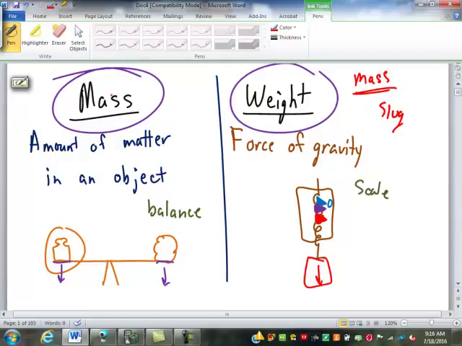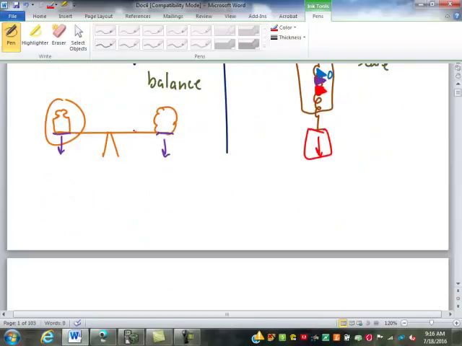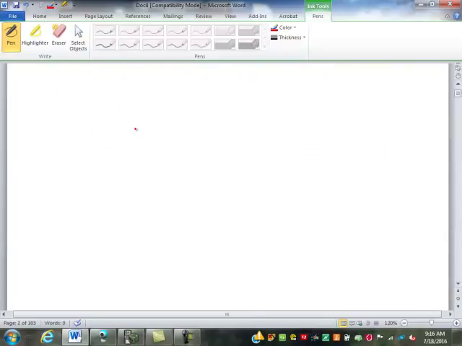And in the metric system, there is a unit of weight. It's called a newton. 1 kilogram is 9.8 newtons in size. Again, I just wanted to point that out so that you knew that there was a difference.